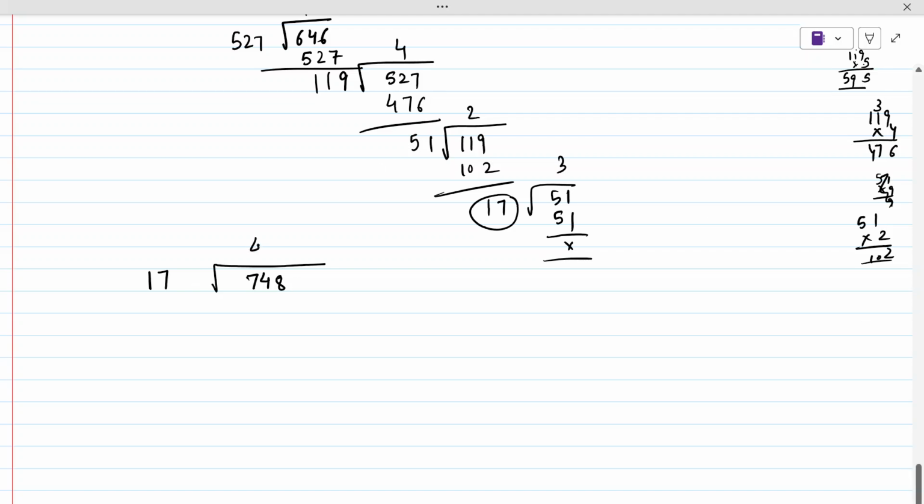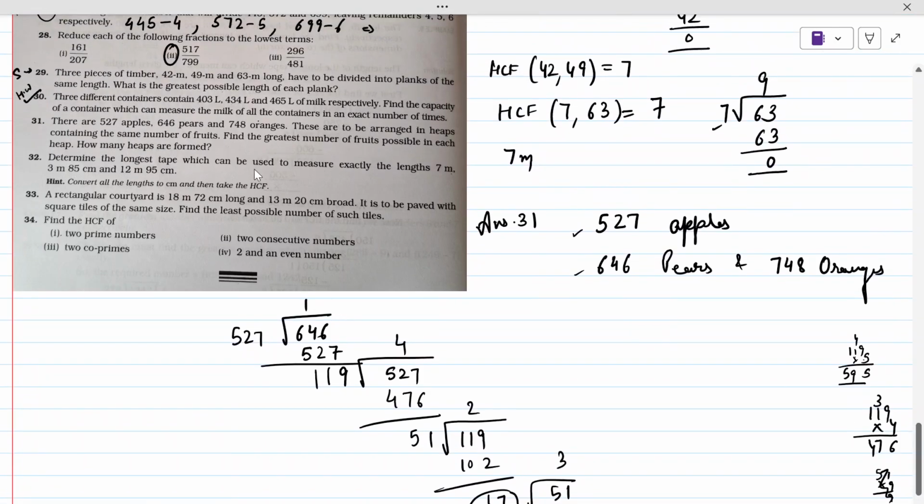So 17 into 4 is 68. 74 minus 68 will give us 6, and then bringing down 8 gives 68 again. This is 44, which is an exact multiple. So that means we have 17 as the HCF. That means the greatest number of fruits possible in each heap is 17.